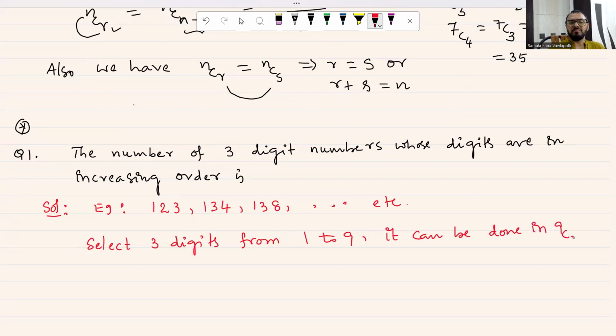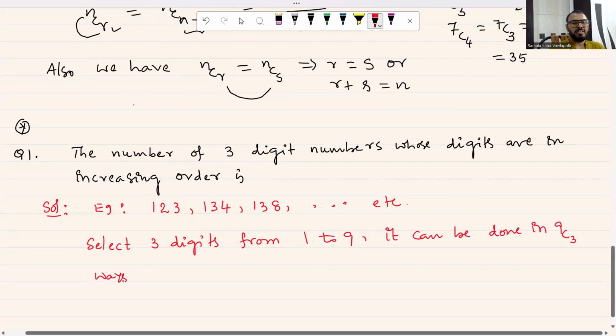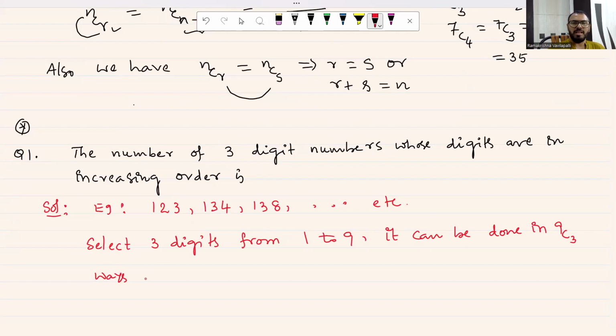It can be done in 9C3 ways. We want to select 3 digits out of 1 to 9.